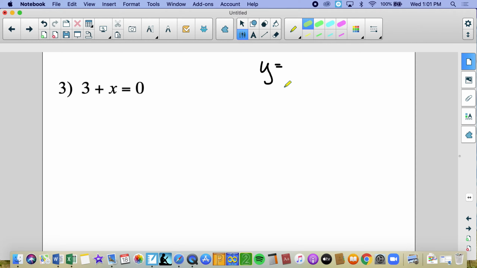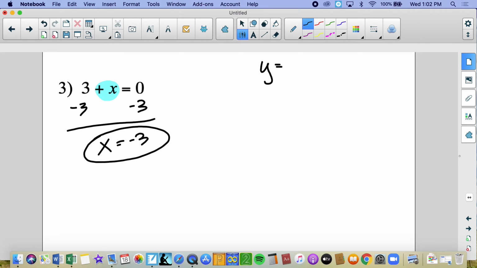This is the only time we will isolate for x, is when there is no y to isolate. So we need to subtract 3 from both sides, and we get x equals negative 3. I know that's a little odd because there is no y that we're isolating for. So in this case, we're going to just isolate for x, and that would be x equals negative 3.